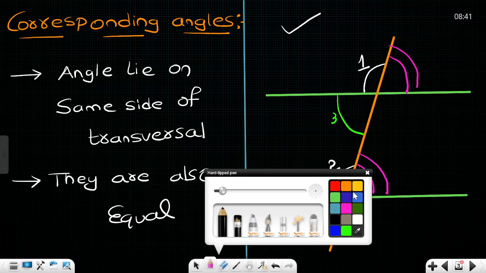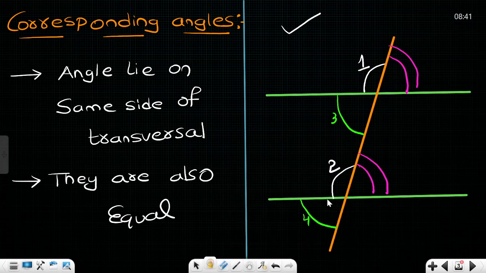Next, you can have this angle and this angle, right? So we should name them first of all. 1 2 3 4 5 6 7 8.